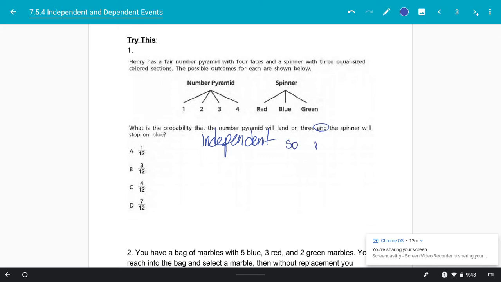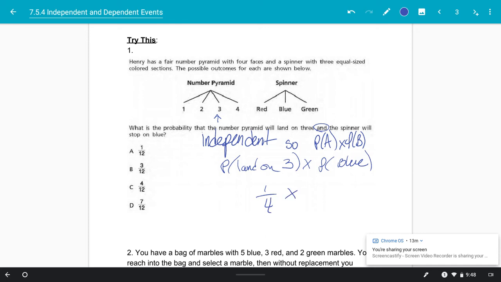So our probability is the probability of event A times the probability of event B. And in this case, that's the probability that we land on a 3 times the probability that we land on blue. Okay, so what's the probability that I land on 3? Well, there is 1 three out of 1, 2, 3, 4 sides.